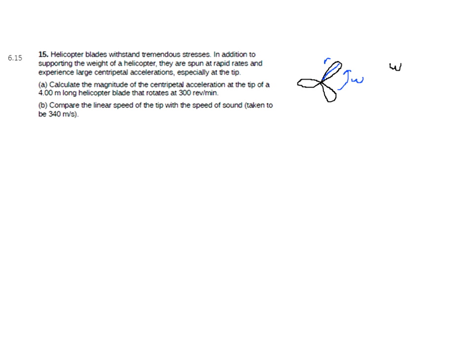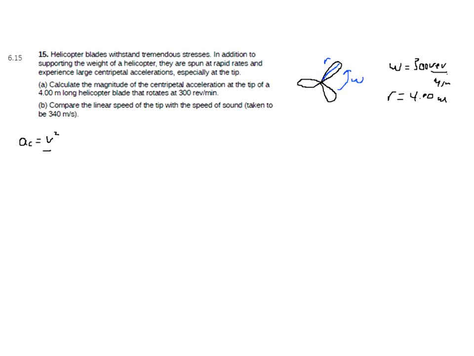So we're told that omega equals 300 revolutions per minute, and we're told that the blade is 4 meters long, so that means from the center to the outer part is 4 meters, so R equals 4.00 meters, and we want to know the centripetal acceleration.